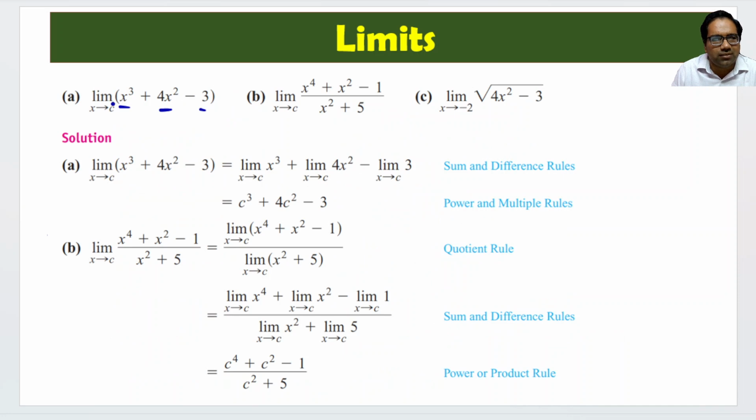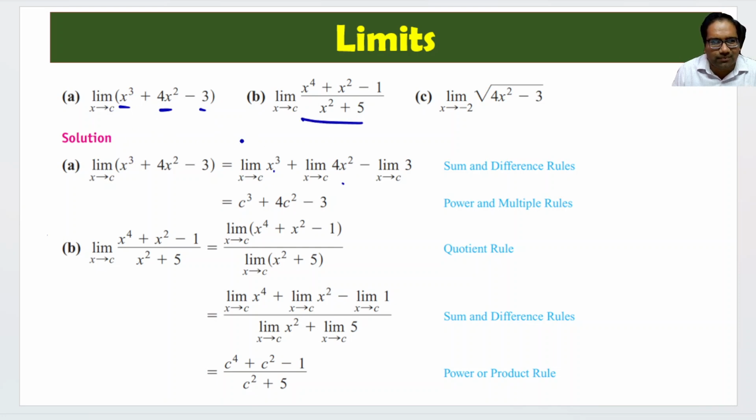That's what we will do. So this becomes limit x tends to c x cube, limit x tends to c 4x squared, limit x tends to c 3. Okay, the sum of limits of individual parts. So what will this become? c cube plus 4c squared minus 3. Basically, we are substituting c in all the three places.